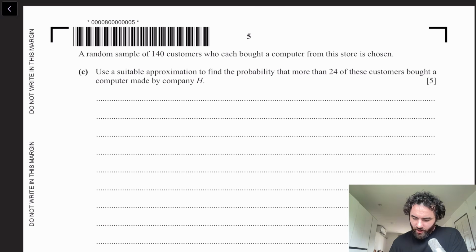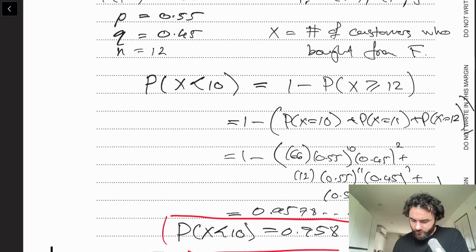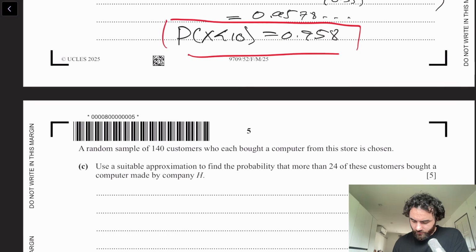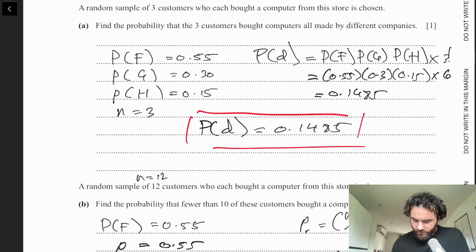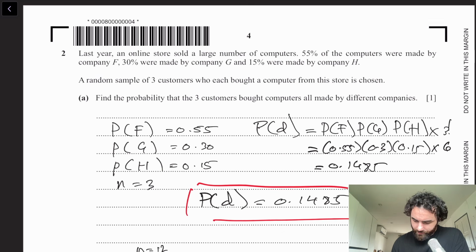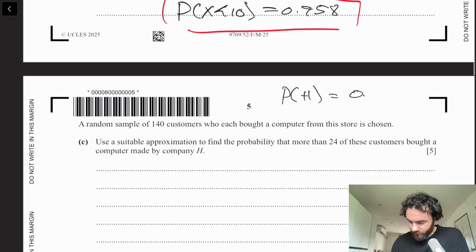A random sample of 140 customers who bought a computer from the store is chosen. Use a suitable approximation to find the probability that more than 24 of these customers bought a computer made by company H. So the probability of H is what? 15%, 0.15.